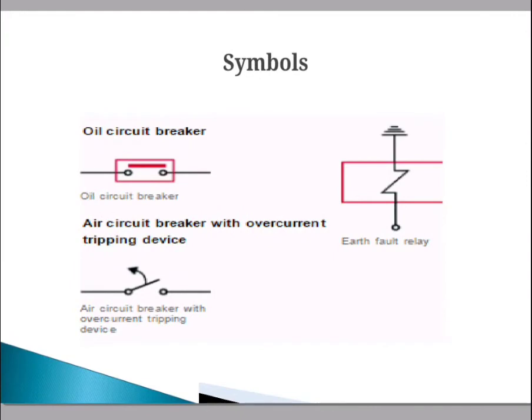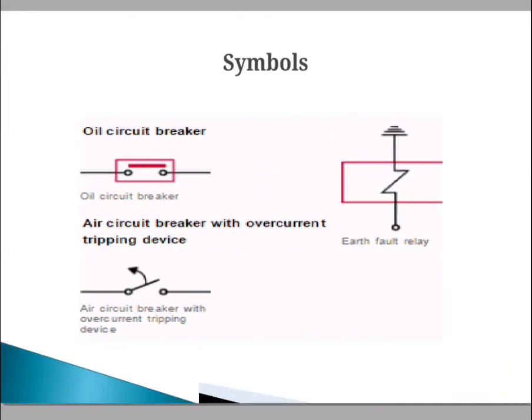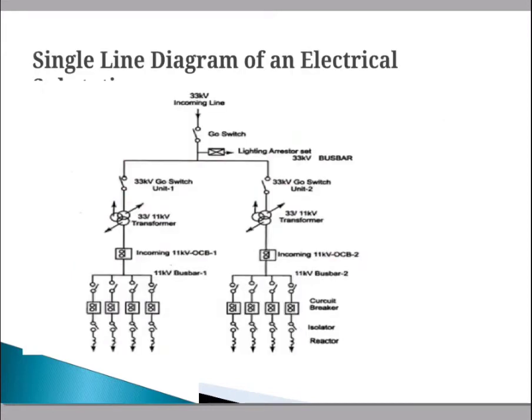Then the next one is the oil circuit breaker, then air circuit breaker with overcurrent tripping device, then earth fault relay. These are the different types of symbols that are very important during drawing a single line diagram of the electrical substation.